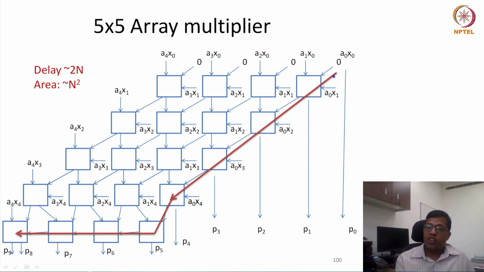Why? Because the first bit we will always get from x0 a0, and the final bit we will get as a carry of my final adder. So whatever the number of operands, let's say n and m, the delay is going to be n plus m minus 2.